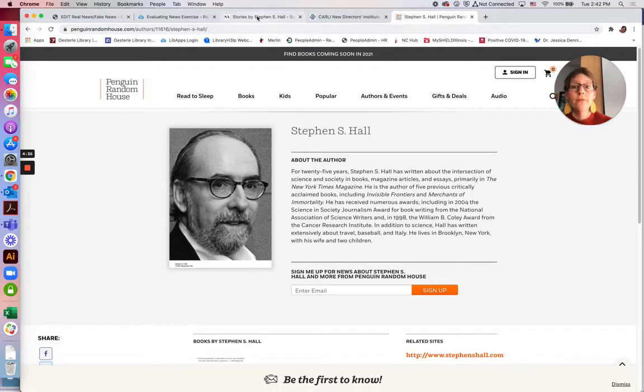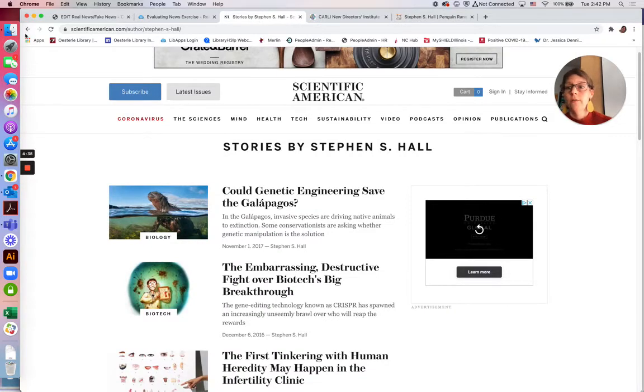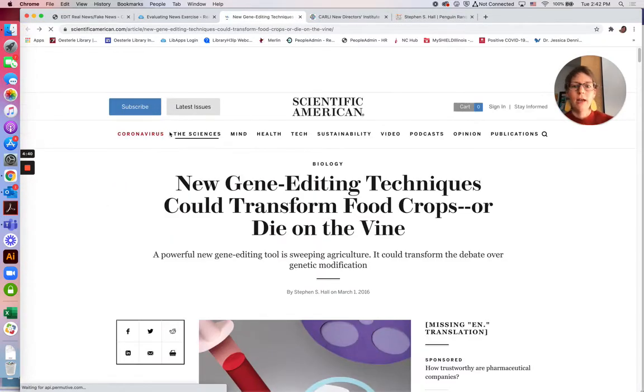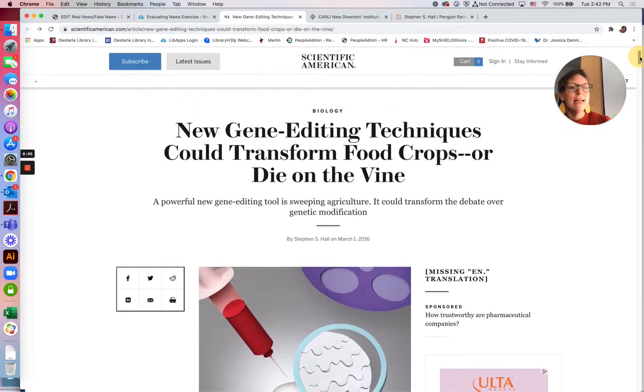And when we look at this particular article, if we go back to it, sorry, we're kind of backing up here. This is looking at how gene editing, a highly scientific technique, could impact people's everyday food supply, right? So there's that intersection.